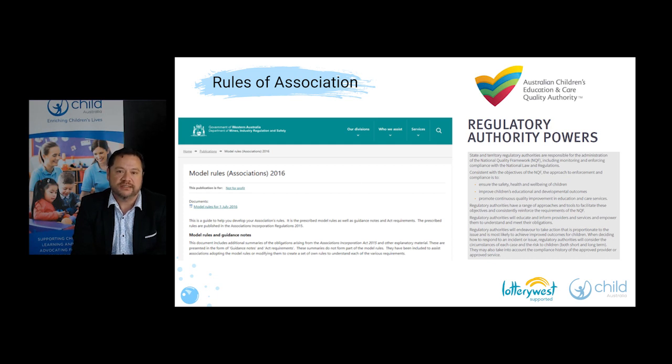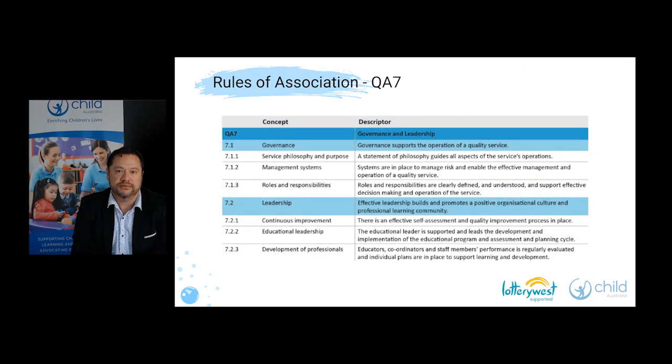So we suggest that the finer details as to the sequence or steps of an action for the committee are documented within a separate set of policies and procedures of the committee rather than in the association's rules. Now remember, the model rules provided by the department meet the Associations Act and make incorporation simple.